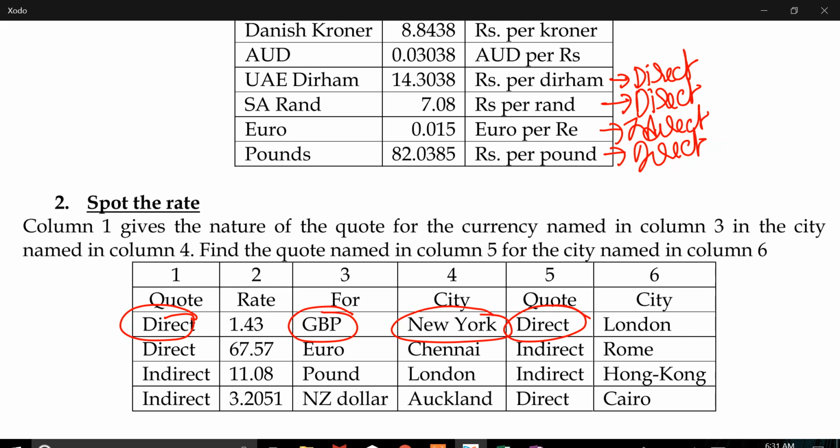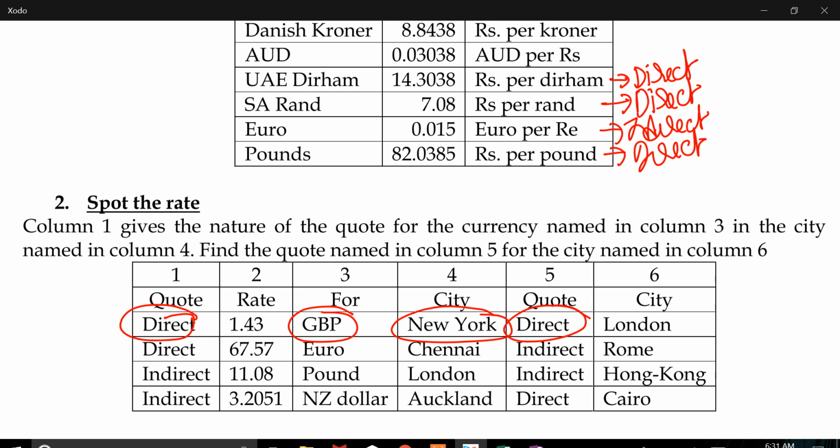Next point: the two currencies involved in the quote are USD and GBP.